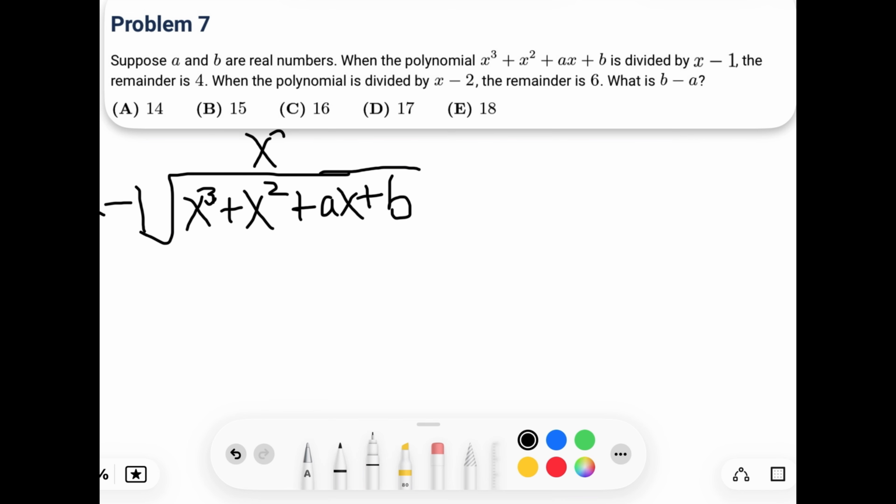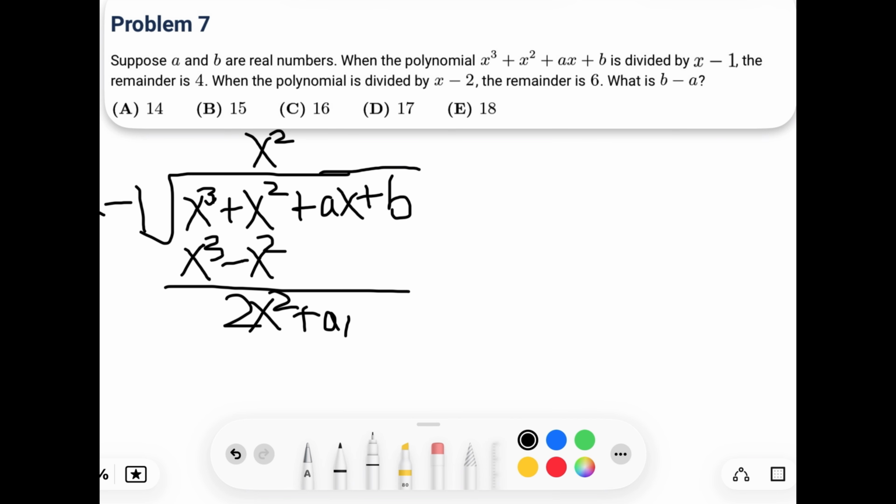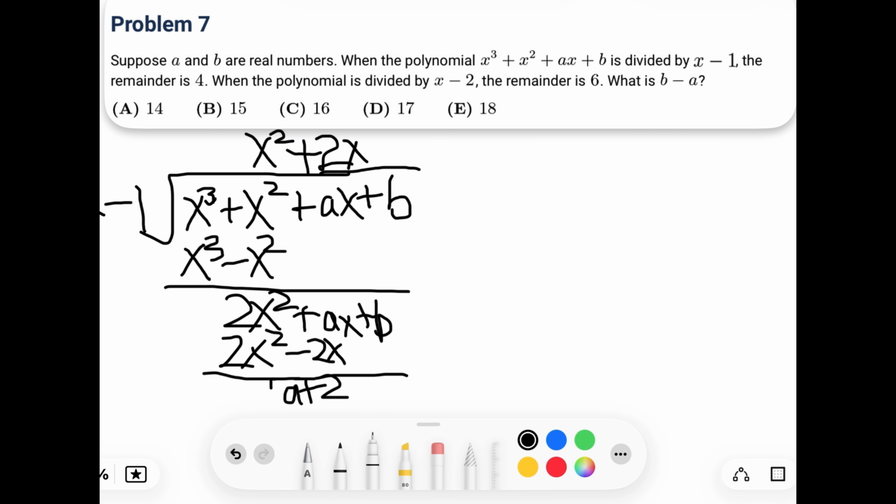So now we will divide each term through, and then we have 2x squared plus ax plus b, and then we have 2x squared minus 2x, so we have a plus 2x plus b.